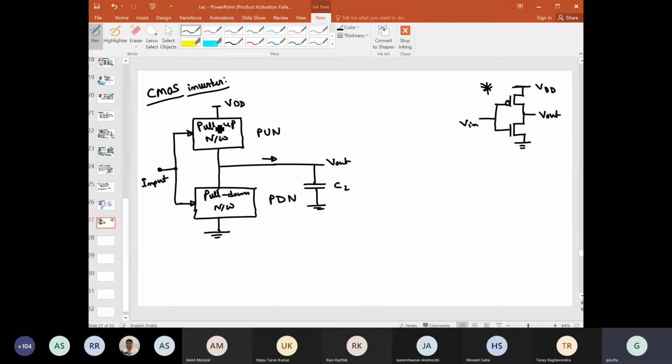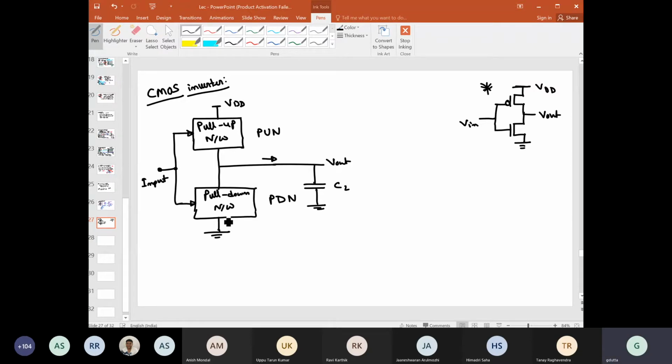In this case, for this inverter, we want that for every set of input logic values, either the pull up or the pull down network makes a connection to VDD or ground.